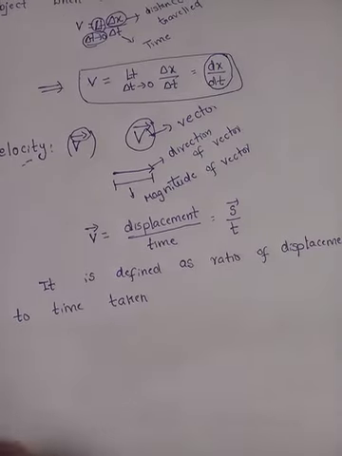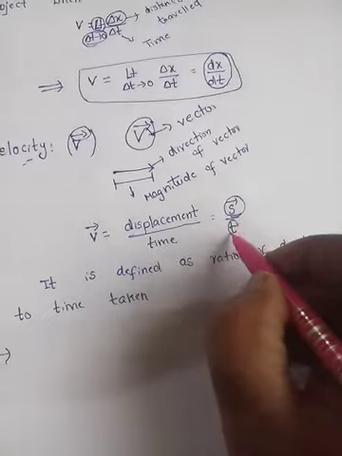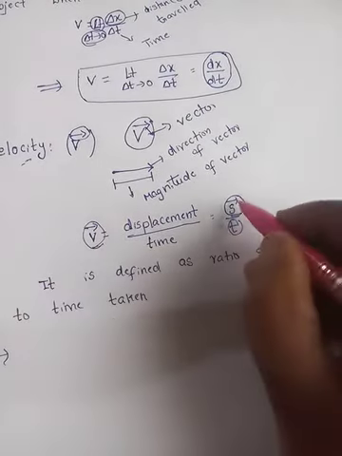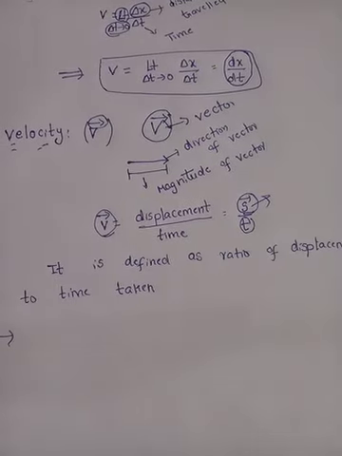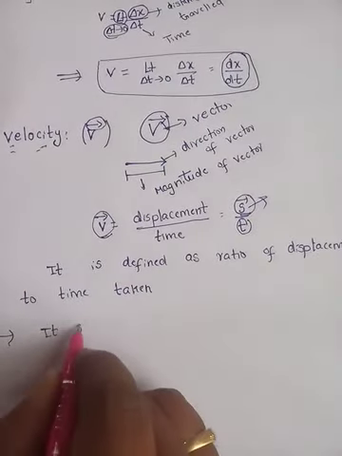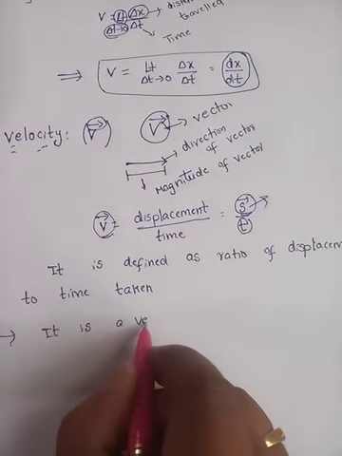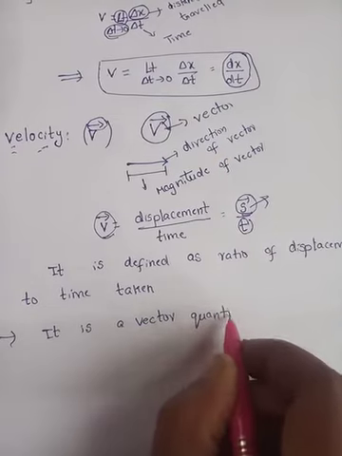Now what is v here? This is a vector quantity and speed is a scalar quantity. Velocity depends mainly on displacement in a particular interval of time. So this is also a vector quantity. Velocity is a vector quantity which depends upon magnitude and direction.